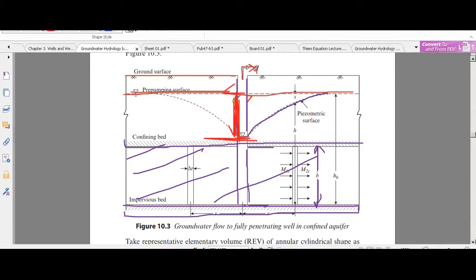So this drawdown is at the point where the radius is the same as the well radius. Understand? Because you can evaluate that from the maximum height of water. I think this part will help you in some ways.